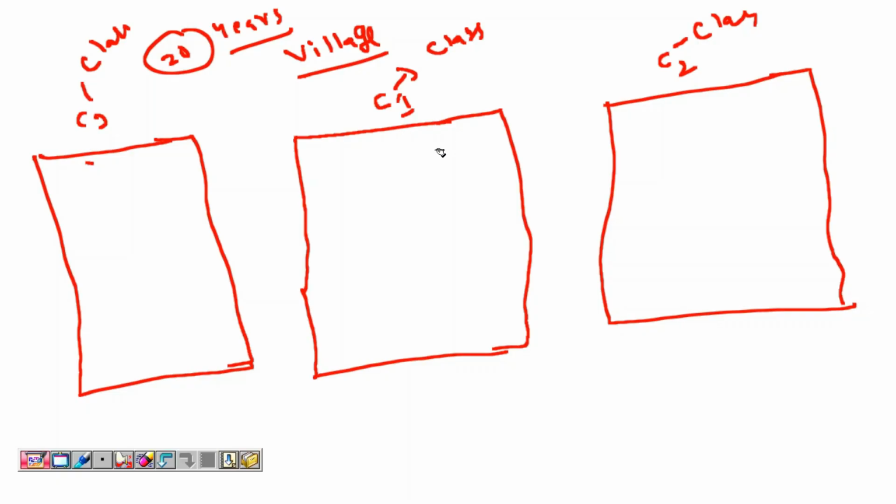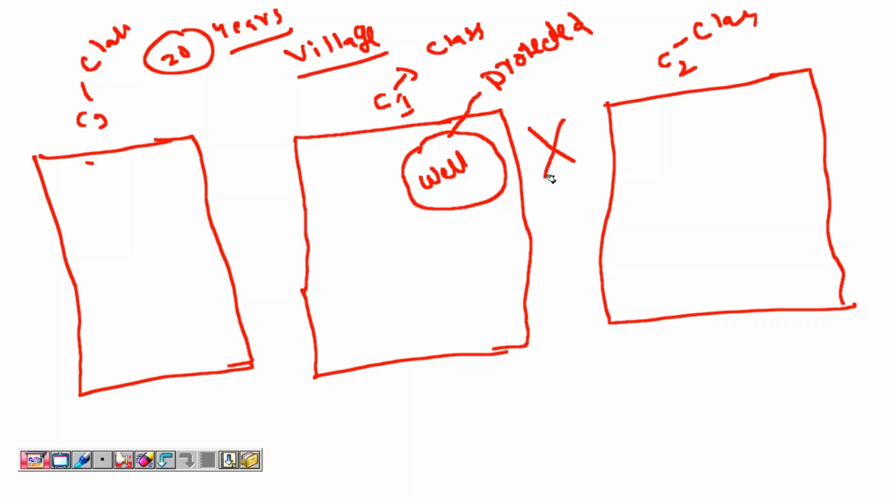In the C1 class, let's say in your house, you luckily have a sweet water well, very demanded water. But you declared the access modifier of this water well as protected. And C1 with C2, you have a big fight.